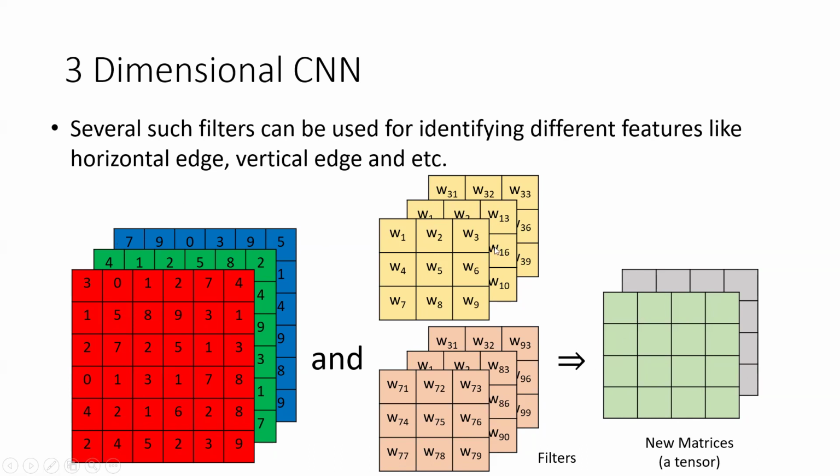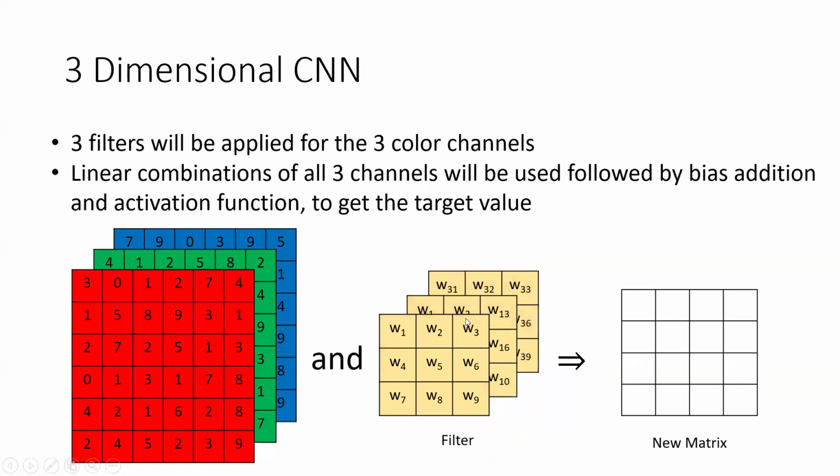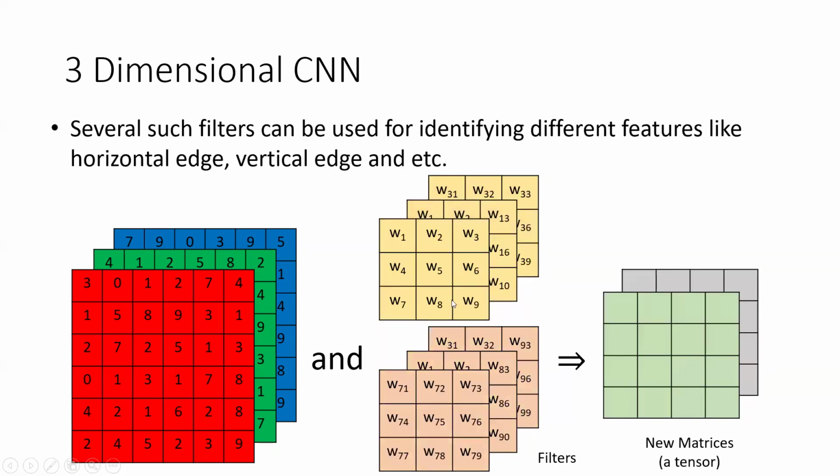So when we apply multiple filters, we get multiple output matrices as well. In the earlier case, what we have shown is that when we apply a filter with multiple channels, we get a single output matrix. But when we have multiple filters, then for both filters, we will get two output matrices.